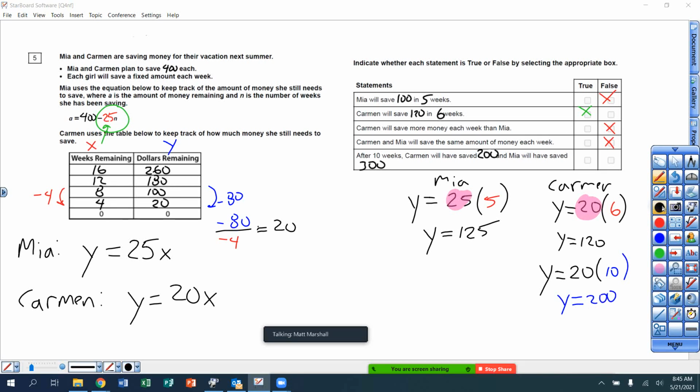Take that 10, plug it into Mia's equation. See what I get. Oh yeah, that one. Oh, 250. Nope. If that would have been 200 and Mia's, that would have been 250, I would have said, yes, sir, true.